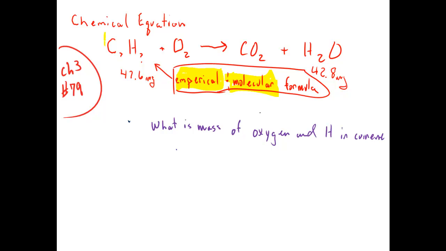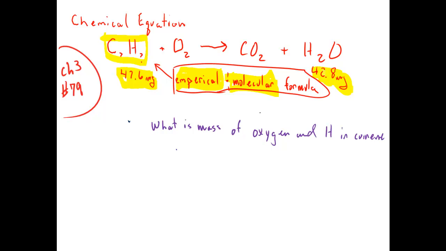We just know that if we take the Cumin that's made of carbon and hydrogen and we burn it, we get carbon dioxide and water. And the only information they've given us is the beginning mass of the Cumin, 47.6, and the final mass of the water that they collected after this burned.